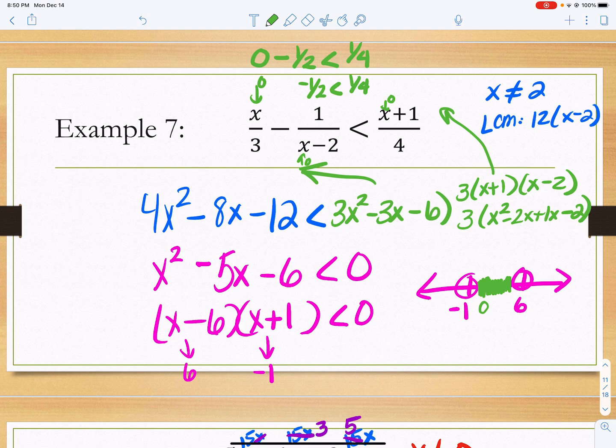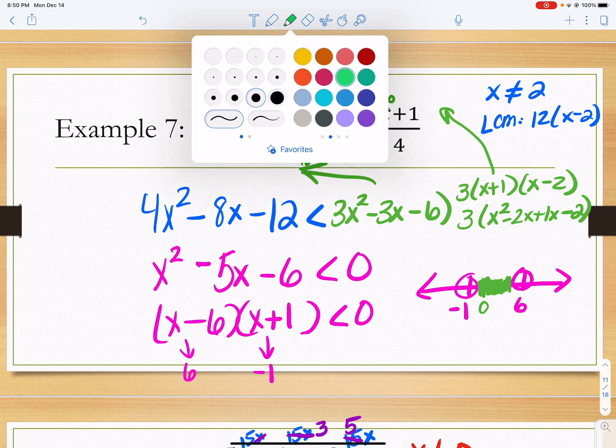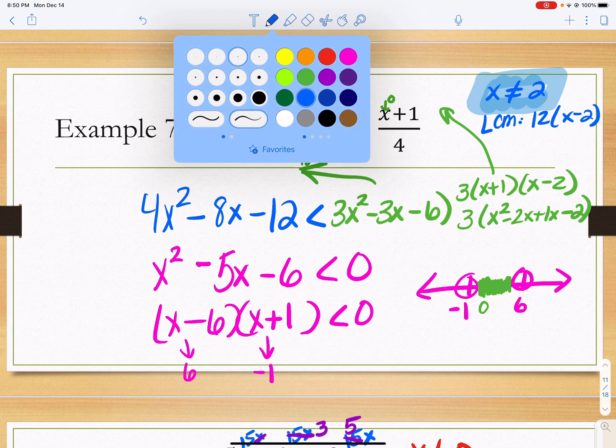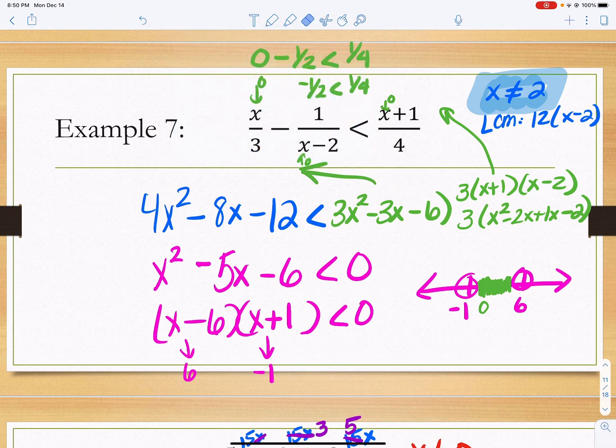And I figured that out by picking 0. The issue is, let's go back up here. It can't be 2. And 2 is inside my area.